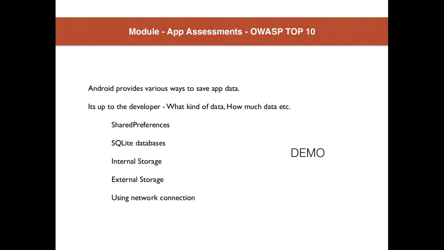Basically there used to be one mode called MODE_PRIVATE. If you are using MODE_PRIVATE, your application's data cannot be accessed by other applications. So if you are using older SDKs, it is always suggested to go for MODE_PRIVATE.